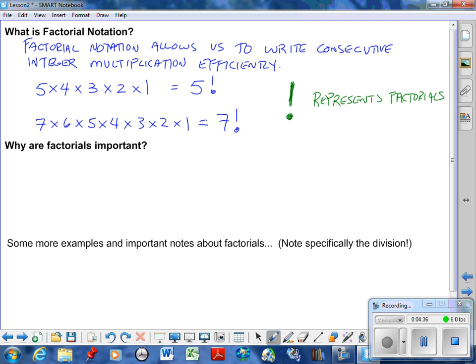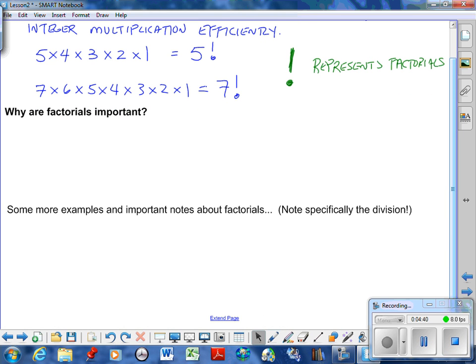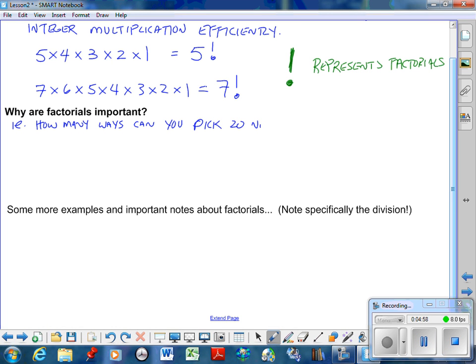Okay, so why are factorials important? Well, it's for that exact reason above. If I use a simple example here, how many ways can you pick 20 names from a hat?